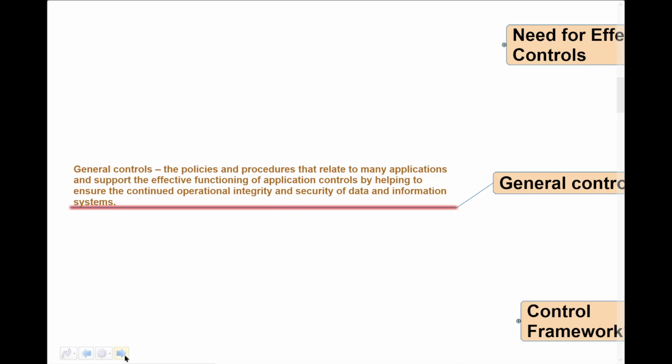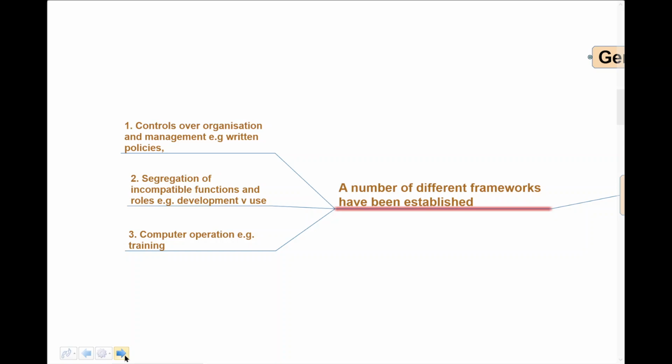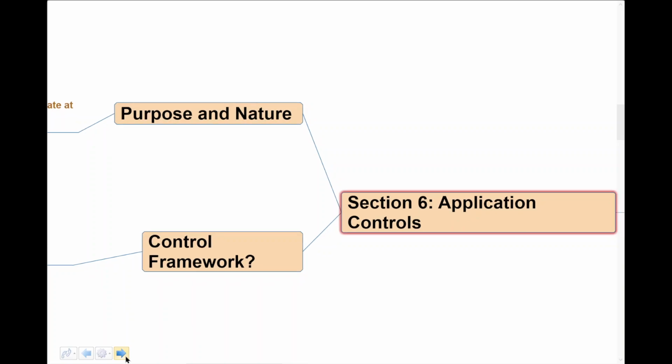Outside of that, when we think about frameworks, for example, written policies. Outside of that, probably considering duties, i.e. the idea that you would segregate particular duties. Along with that, good quality and indeed regular high-level training for staff. That's going to add to the mix.